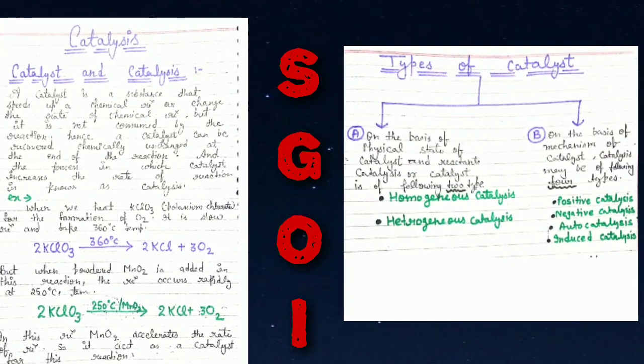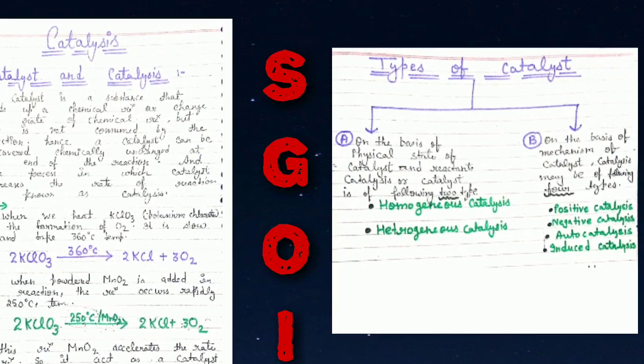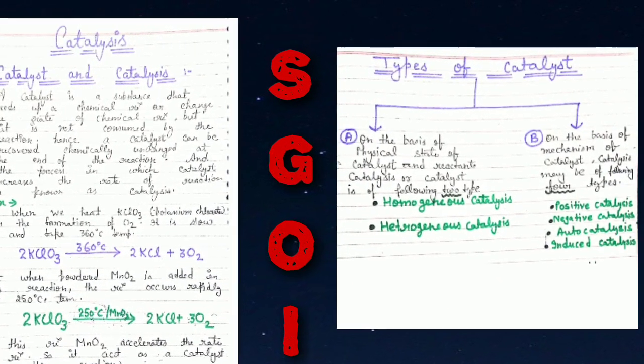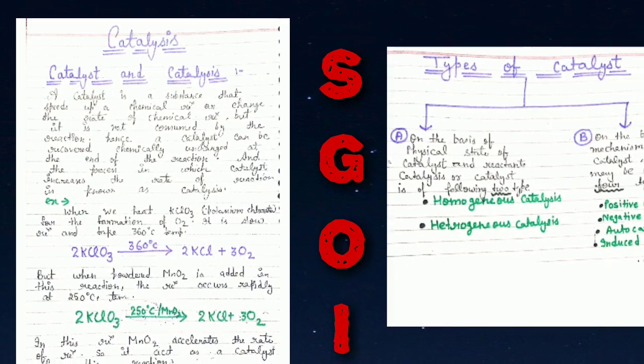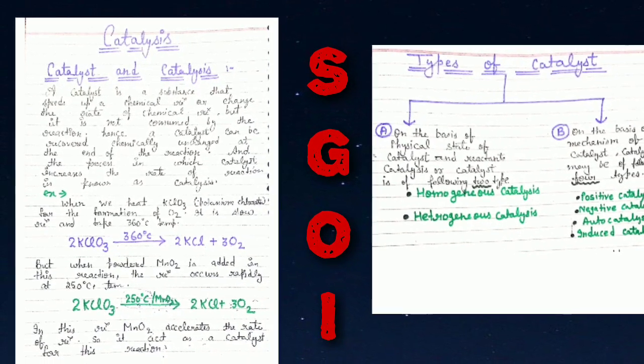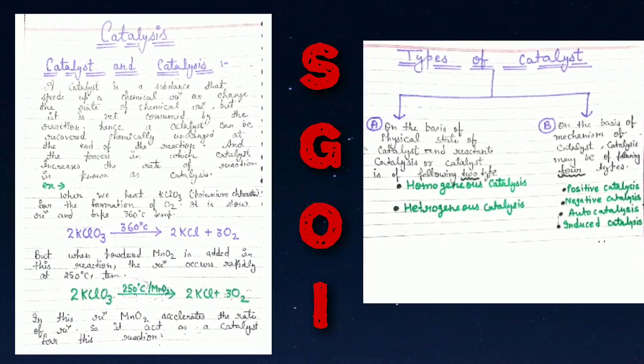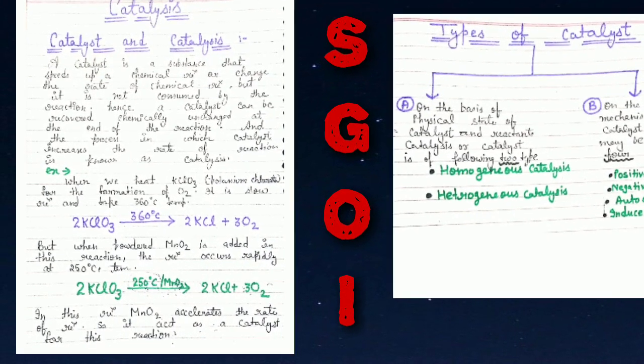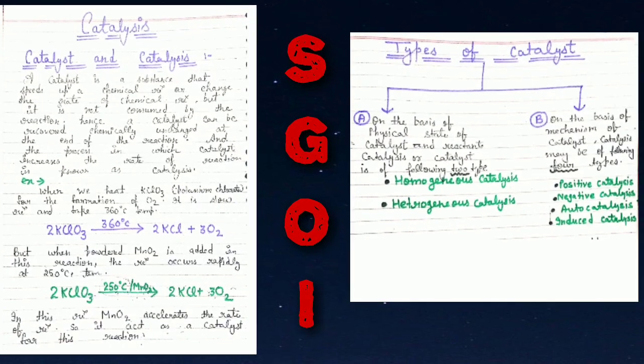So the oxidation reaction of sodium sulfite to sodium sulfate acts as an induced catalyst, and this phenomenon is known as induced catalysis. So we are done with the types of catalyst or catalysis.